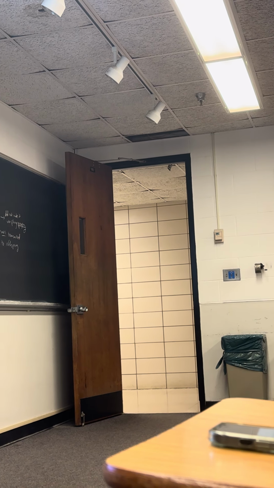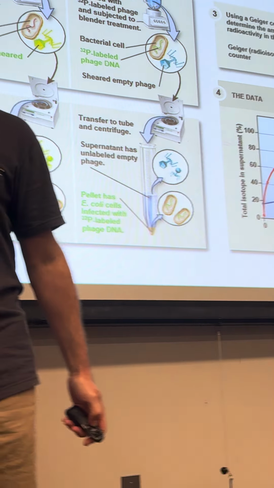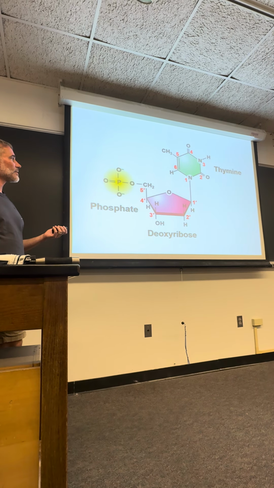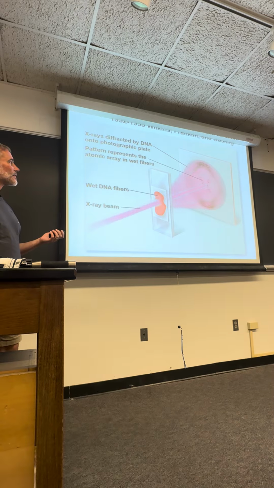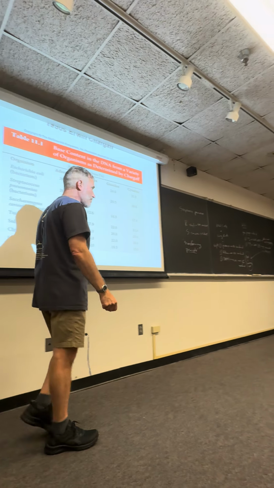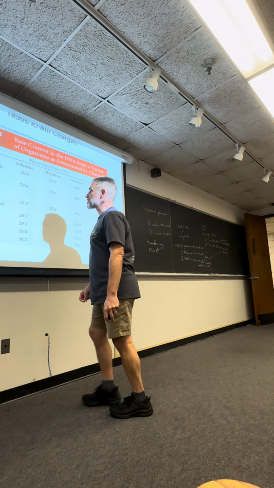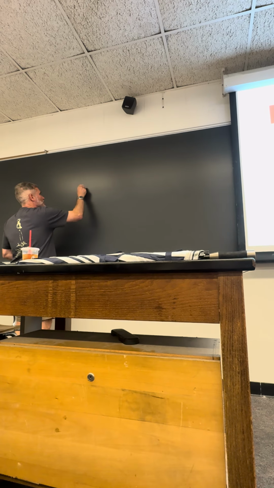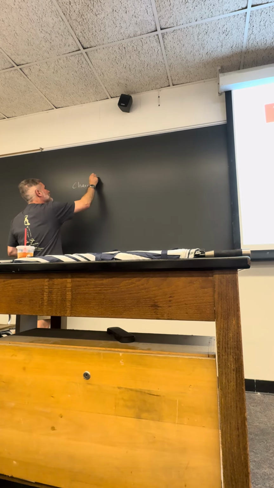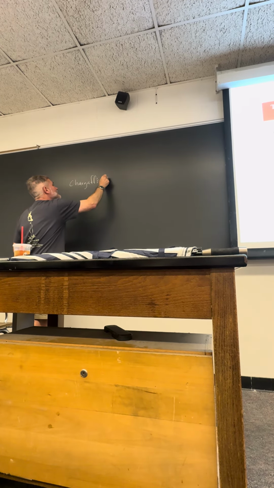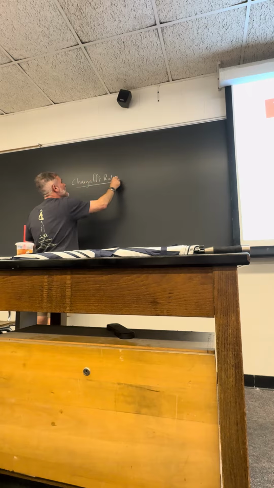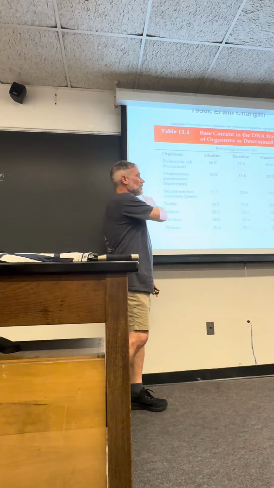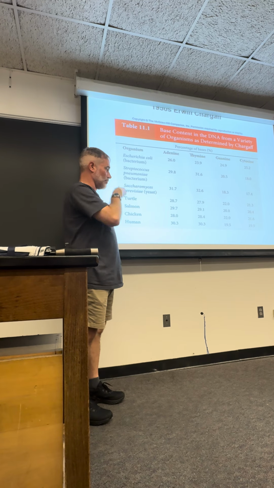All right, what's our next one? Erwin Chargaff, Watson, Crick, and Franklin. Okay, so Erwin Chargaff, here's his table. Chargaff's main contribution to this was something that in retrospect was called Chargaff's rules. Chargaff's rules were based on observations he had made with multiple different organisms and different species.